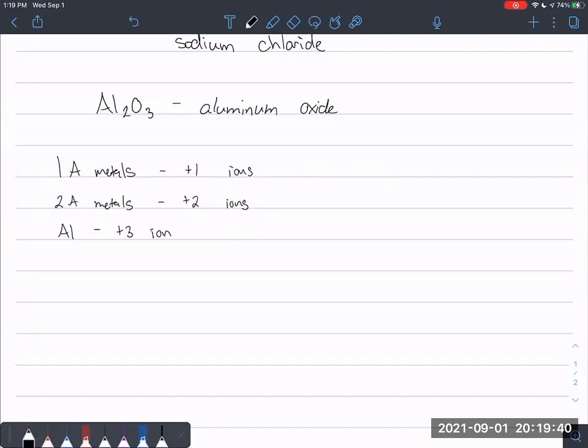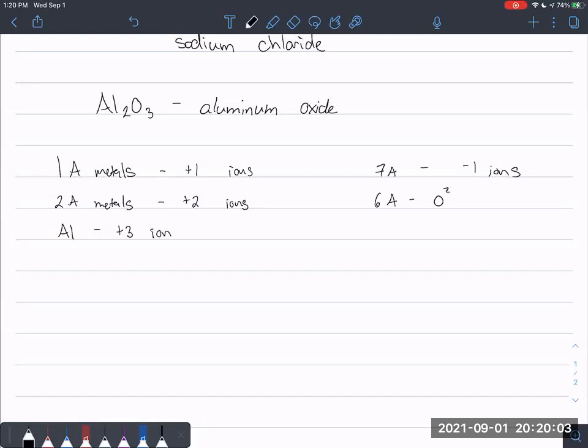On the anion side, 7A, they form -1 ions. So these are the halogens: fluorine, chlorine, bromine, iodine. 6A, so oxygen and sulfur.